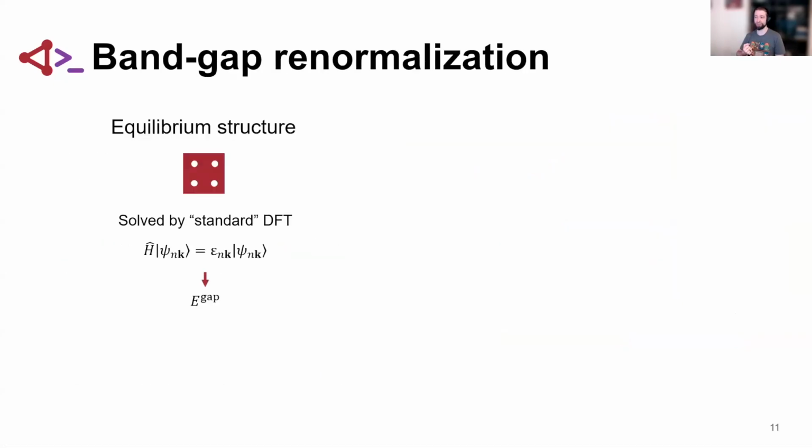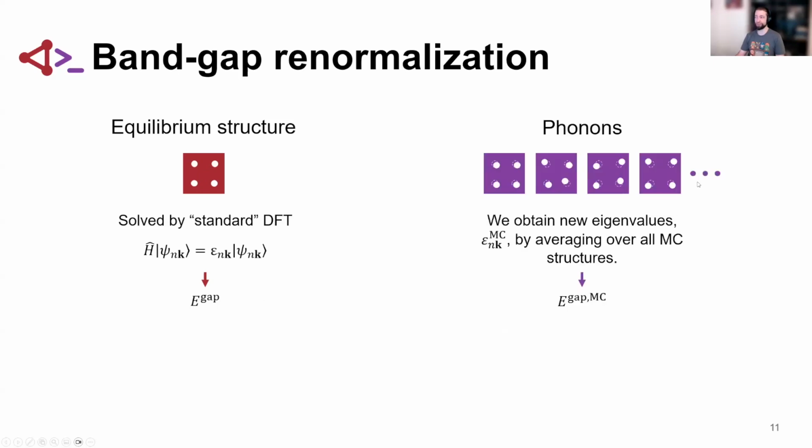and then in order to evaluate the change in the band structure due to the atomic motion, you compare your equilibrium structure, where you know already the solution of the Kohn-Sham equations and you have a gap, against the averaged value over all the displaced structures. So each of these displaced structures will give you a certain band structure that deviates slightly from the equilibrium, and it will have a difference in the band gap.